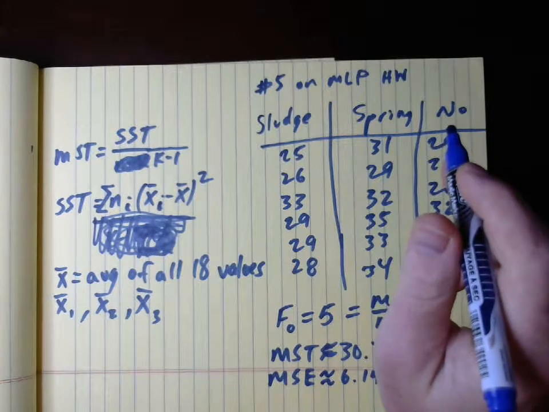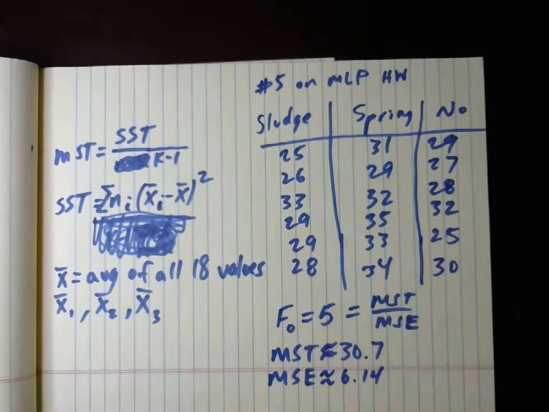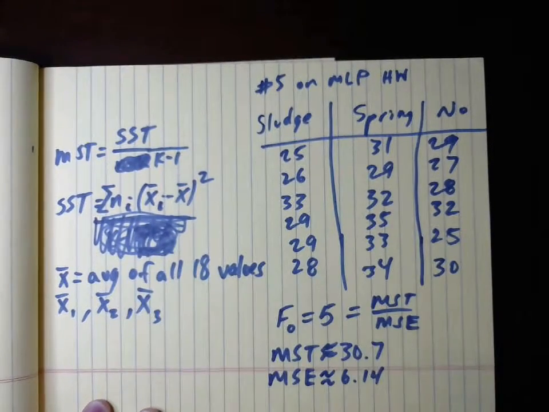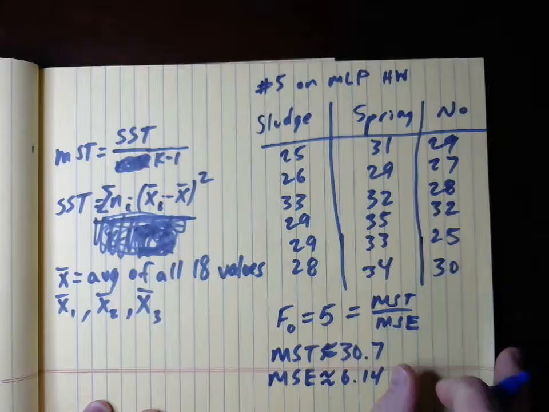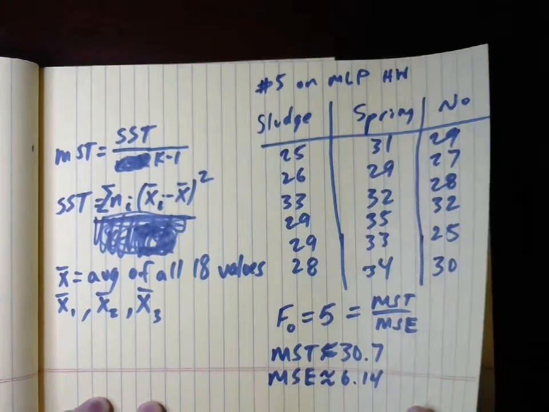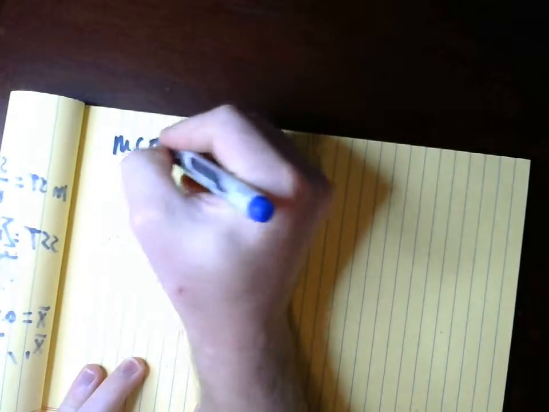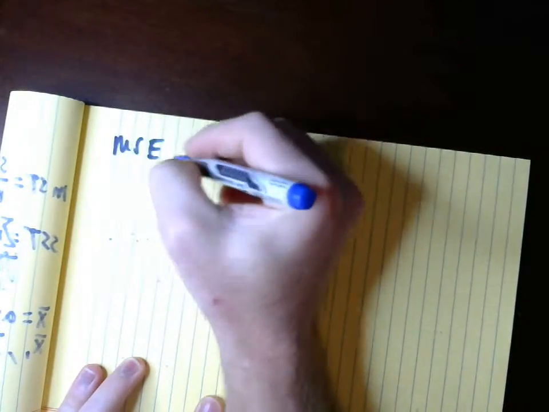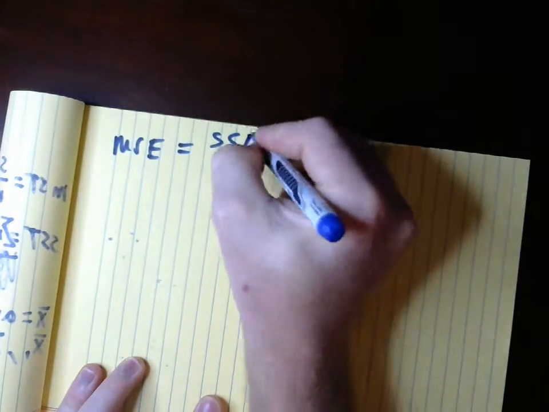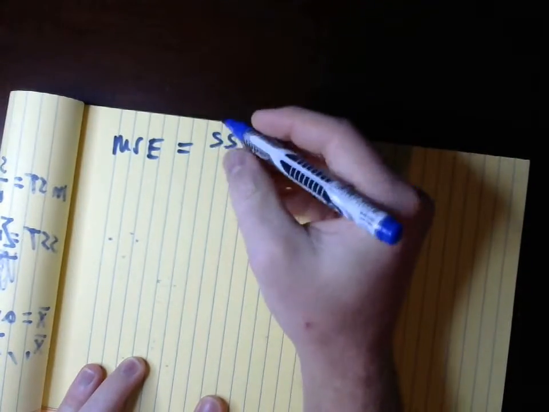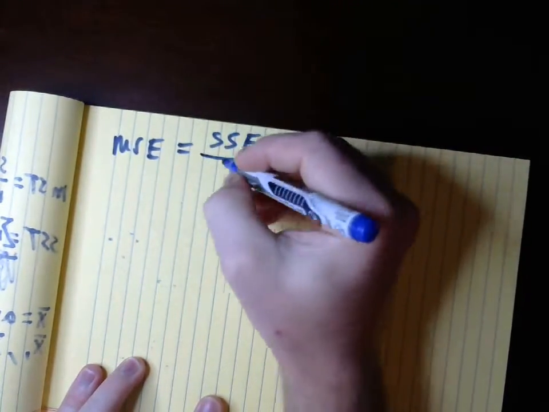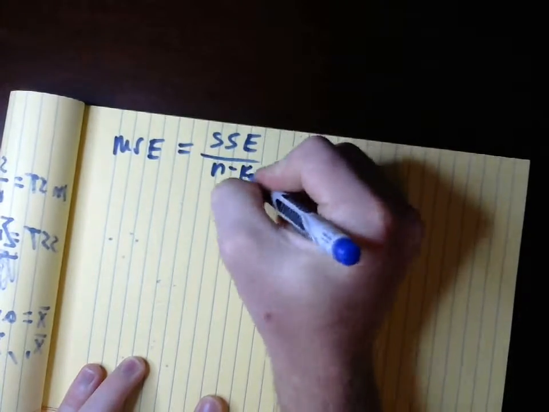Now the SSE, which we'll be getting to here, I'm going to go to the next page. The MSE is equal to SSE divided by the degrees of freedom, in this case n minus k.